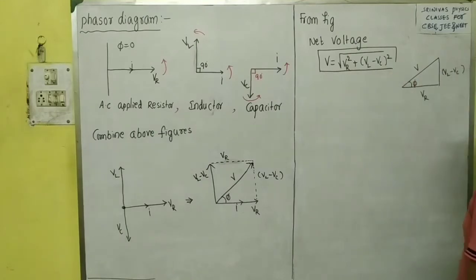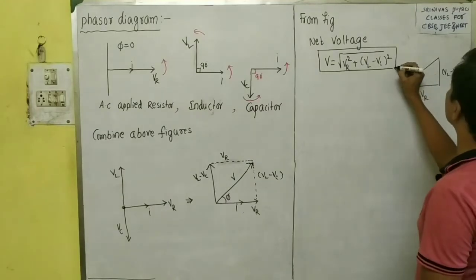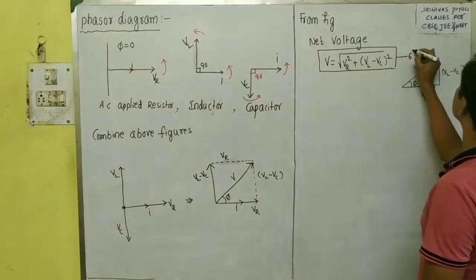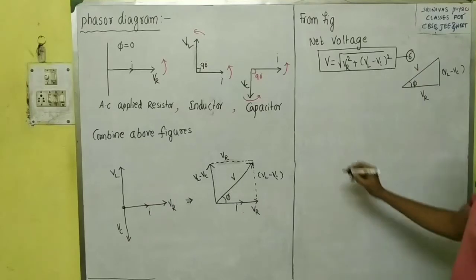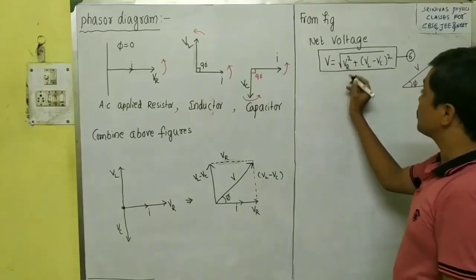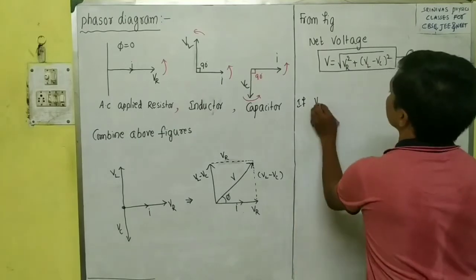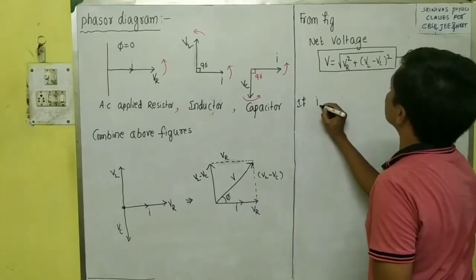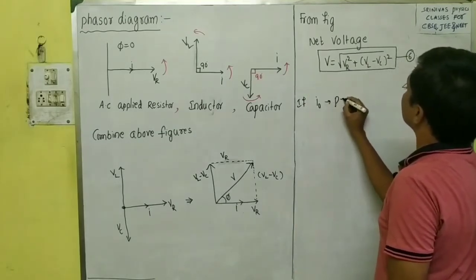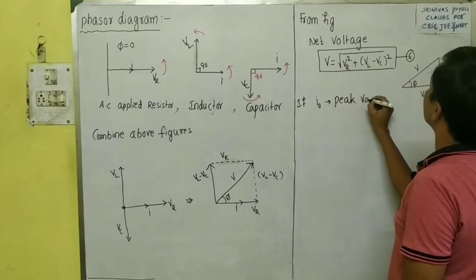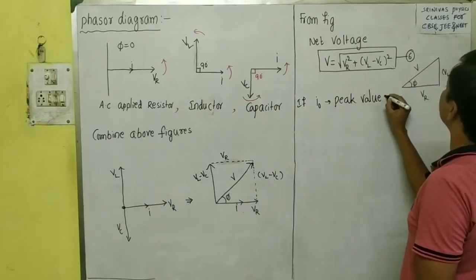This is the equation. Previously we considered the equation up to phi. Next, I am going to give the continuation. This is equation 6, right? I am taking V as the total voltage. I naught is the peak value of current. I am taking all the peak values.